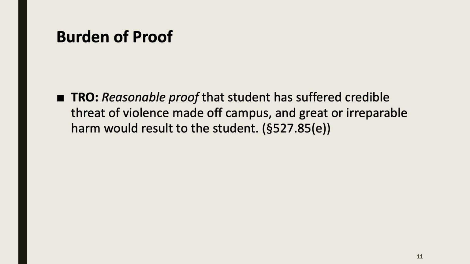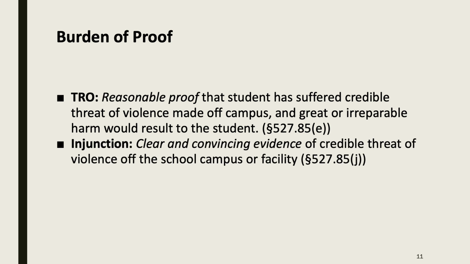The burden of proof for a school violence temporary restraining order, once again, is reasonable proof that the student has suffered a credible threat of violence made off campus and that great or irreparable harm would result to the student if the order were not granted. And an injunction, in this case, is what you would call the order after hearing, is based upon clear and convincing evidence of a credible threat of violence off the school campus or facility.